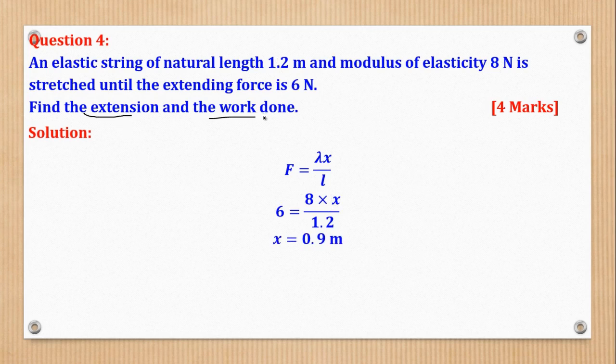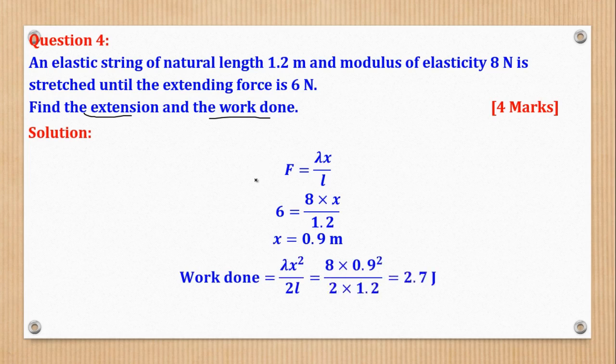They also wanted work done. So in elasticity, work done is lambda, which is modulus of elasticity, times x squared over 2L. Most students confuse it with the usual work done by a force, which is F times x. That is not okay when it comes to elasticity.